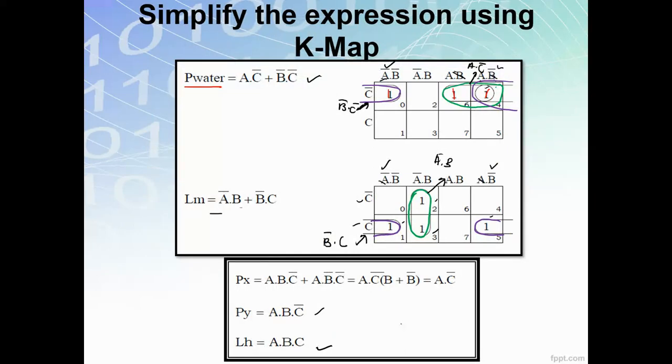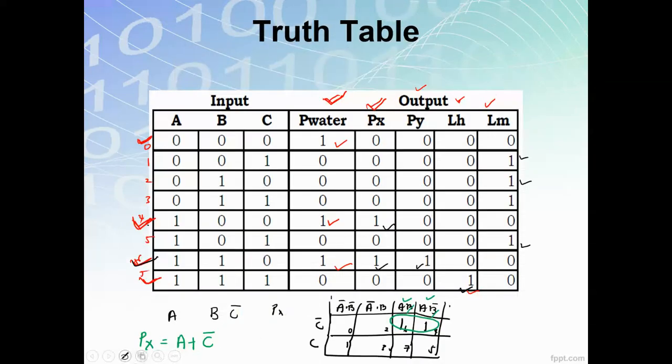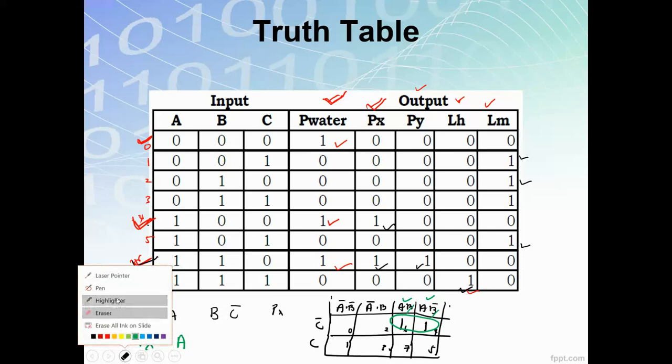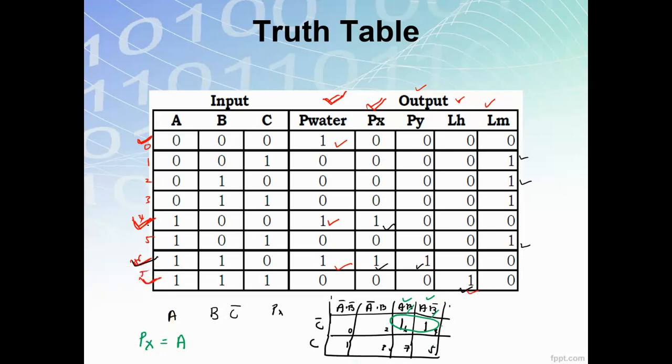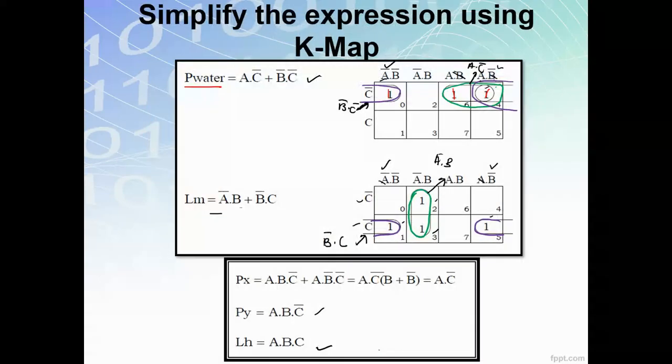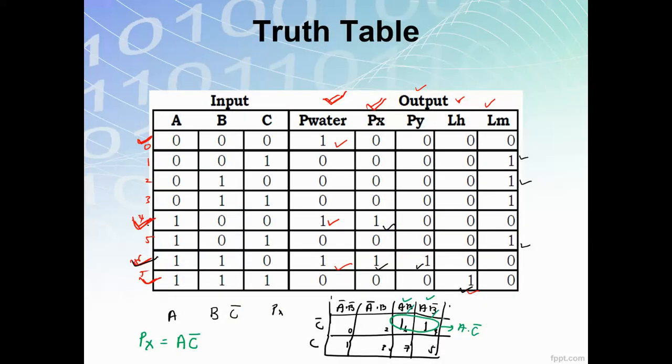Sorry, A dot C bar, I mistakenly said plus. It is not 2 loops, it is just 1 loop. So this loop is actually A dot C bar, so your PX is actually A C bar. This one we use a K-map; that one shows using factorization, simplified Boolean algebra. It is the same, but we get it faster using a K-map. So you get A dot C bar for the PX.